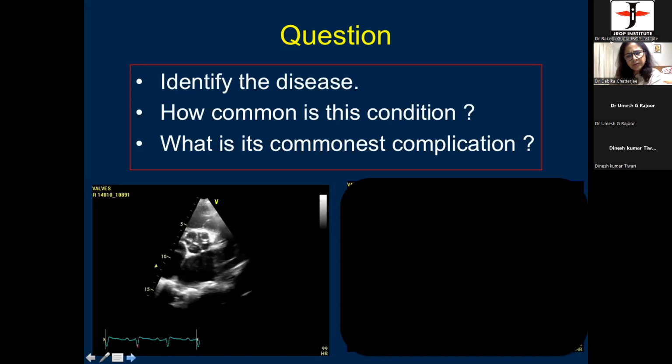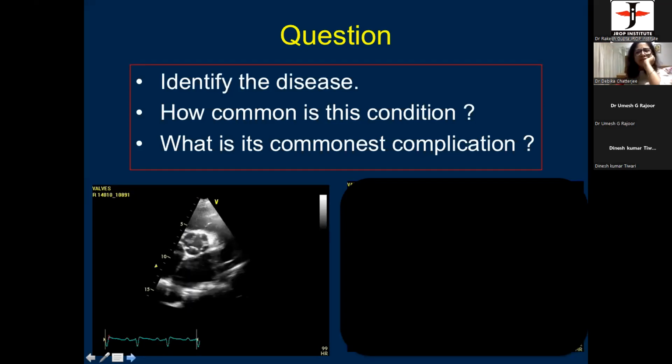Tricuspid. Look, it has to be bicuspid or tricuspid. I have shown the bicuspid. Look very carefully and count the number of cusps. It's a very rare phenomenon. Quadri. Quadricuspid. Who said quadri?